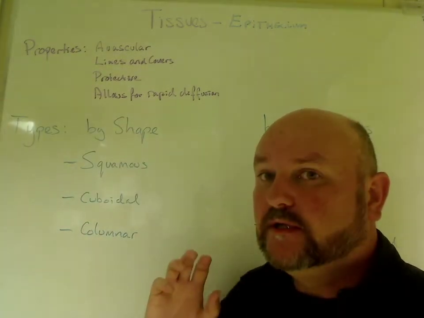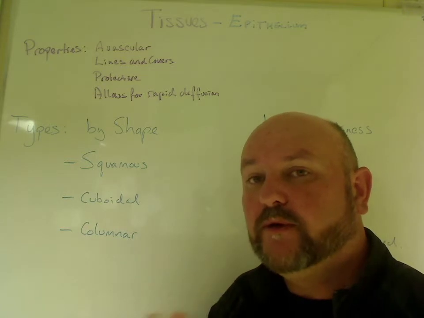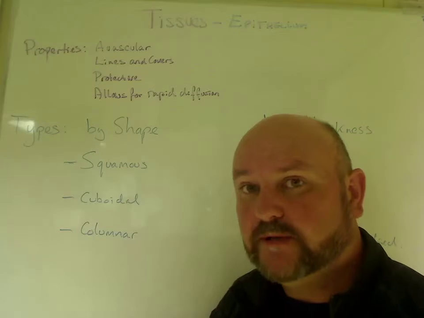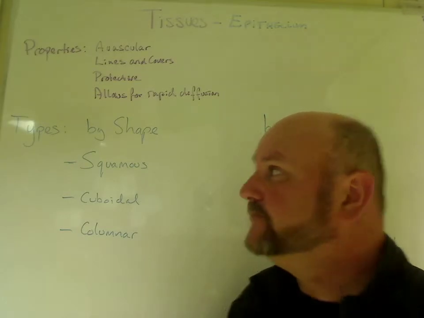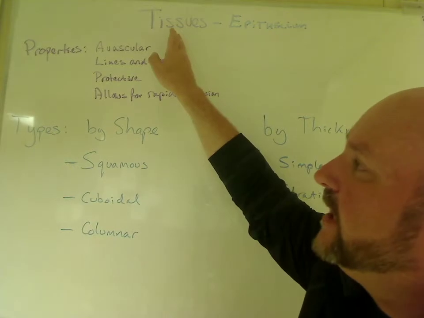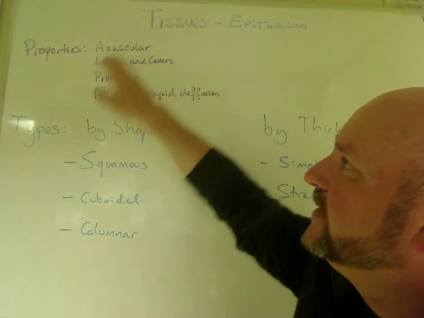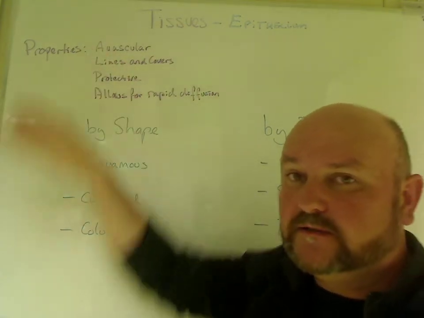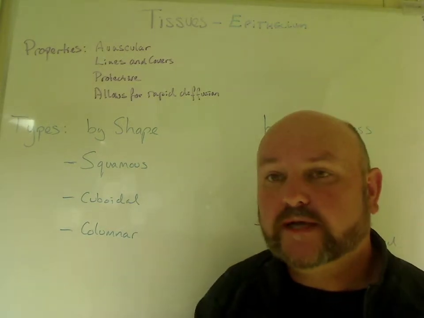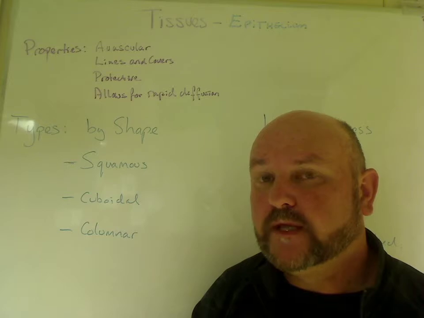Now, some will depend upon the thickness and some depend upon the shape, and we'll get to that in just a minute. So other properties that you'll find with a lining membrane or a covering membrane is that it's avascular. Now, avascular simply means that it has no direct blood supply.